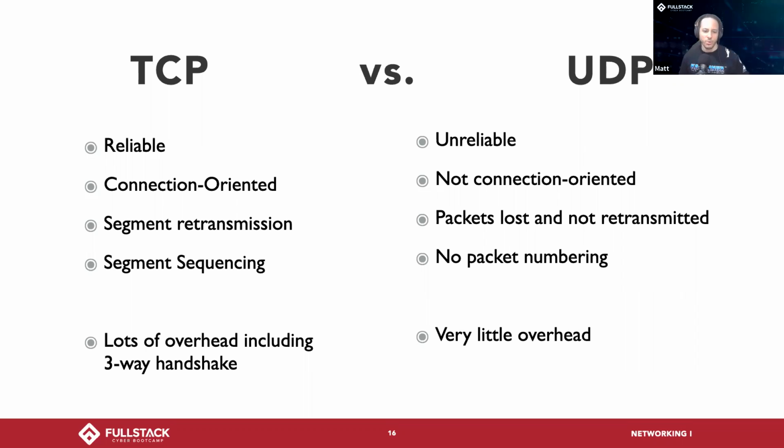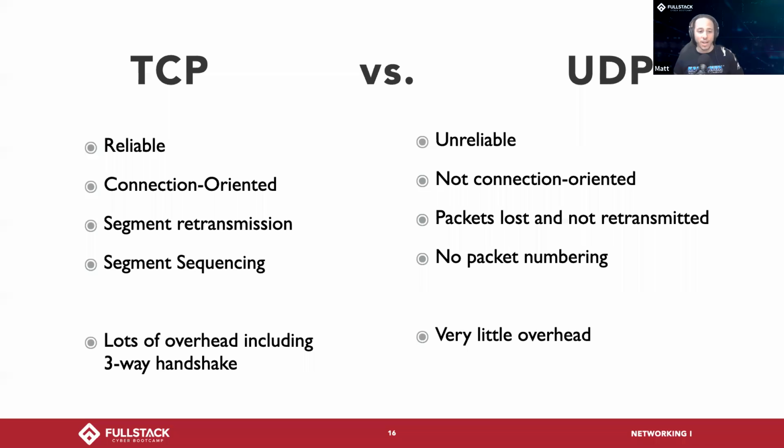And so what's important is that we understand the differences between both of these protocols. I'll say TCP is the more used and more common protocol, and the one we're a bit more familiar with, but UDP has uses too. The first thing we want to know about TCP versus UDP is that TCP is a reliable protocol and UDP is unreliable. What does that mean? It means if I send something by TCP, I can be confident that it will arrive.